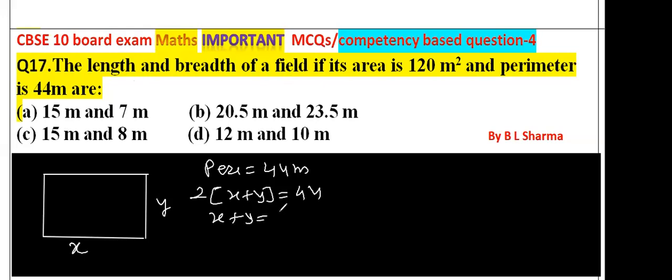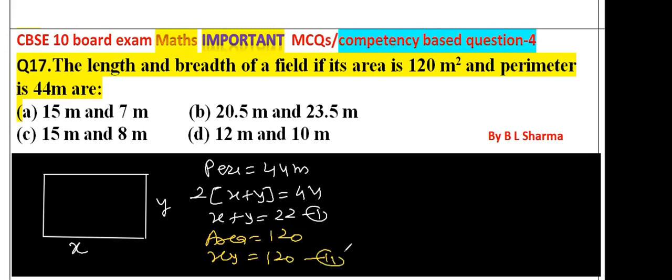So x plus y is 44 by 2, that is 22. This is the sum of length and width because its perimeter is 44. Area is given, that is 120 meter square. So length into width is 120 meter square.